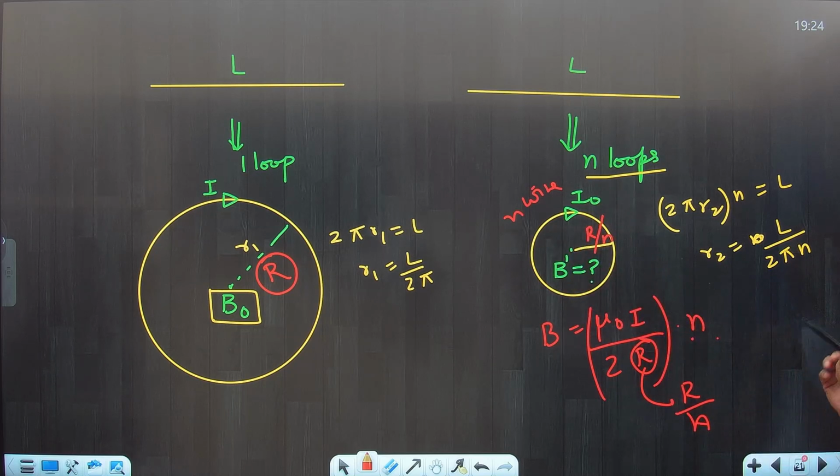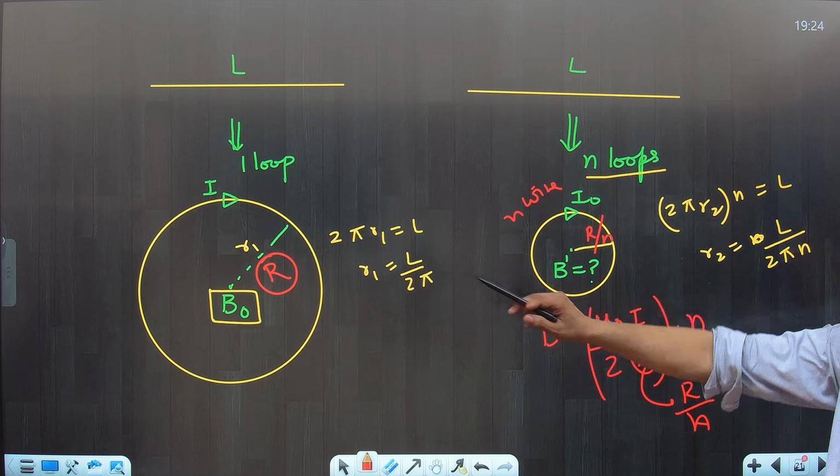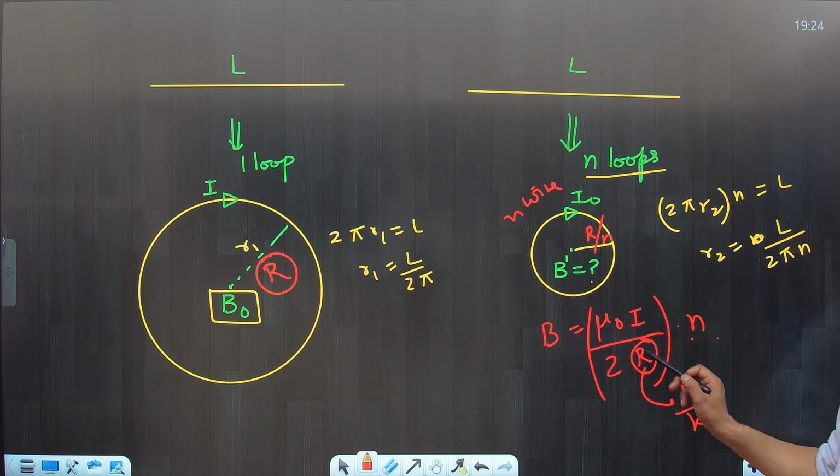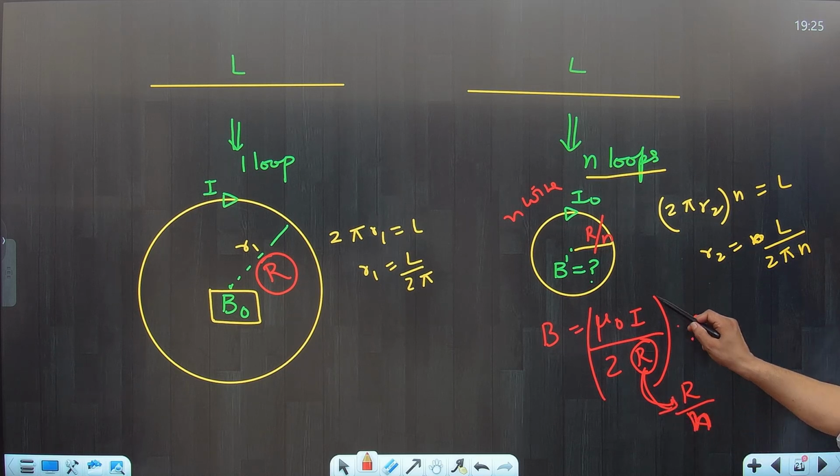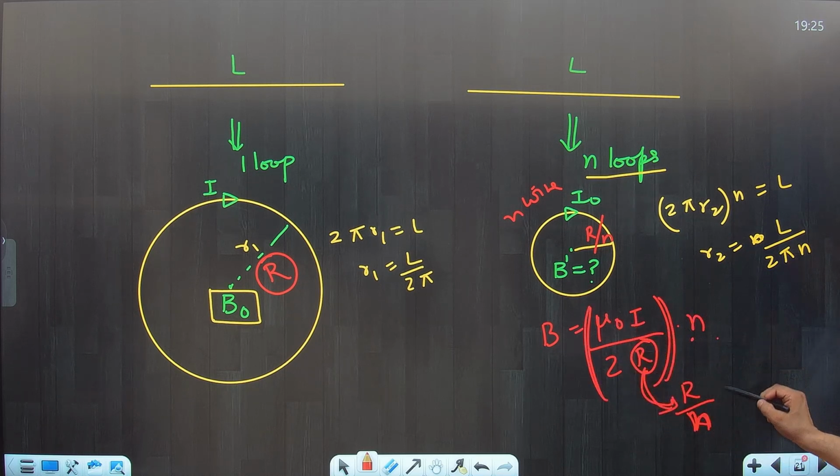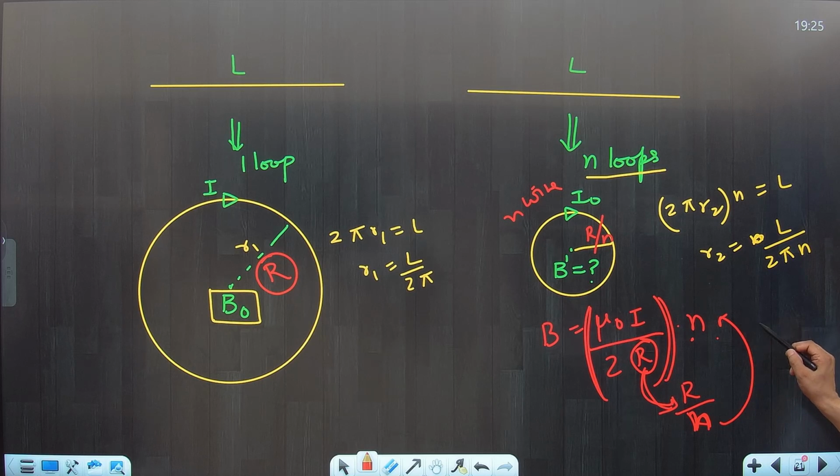So first of all, you just write the formula for this one, mu naught I by 2r. R was r for that and r by n for this. Sorry, radius was r by n for this, and it was multiplied n times. So this n goes in numerator. So you will get n square b0.